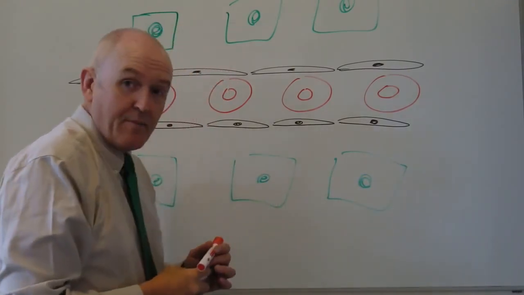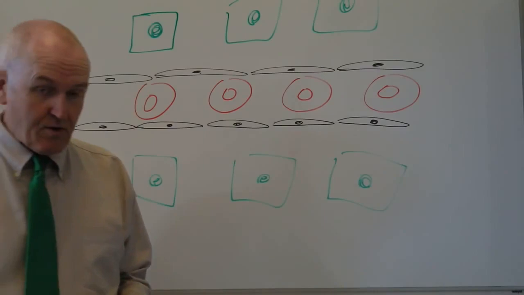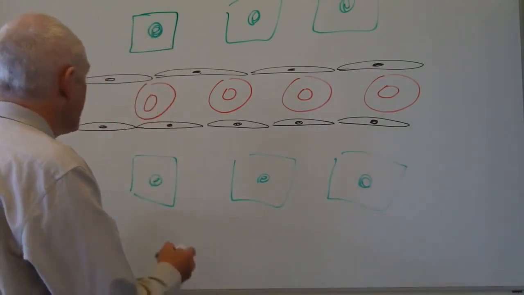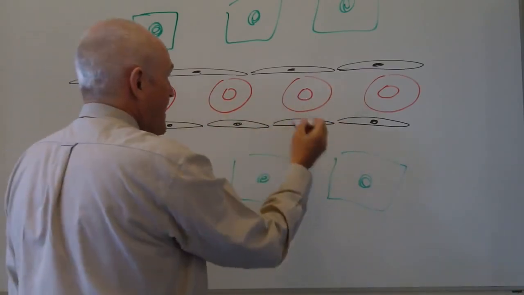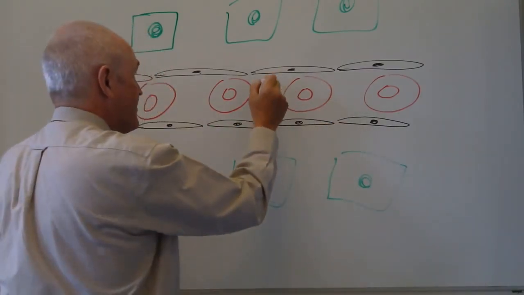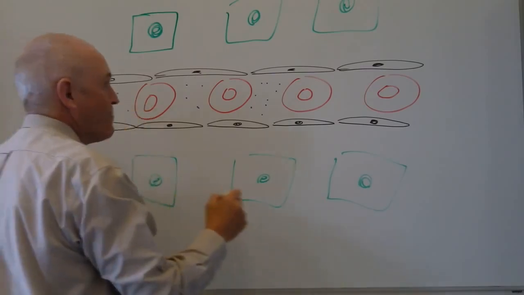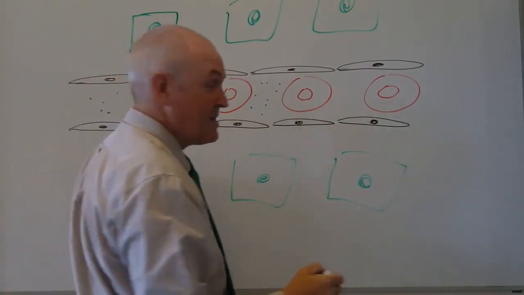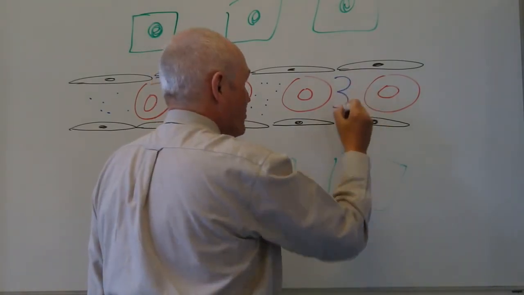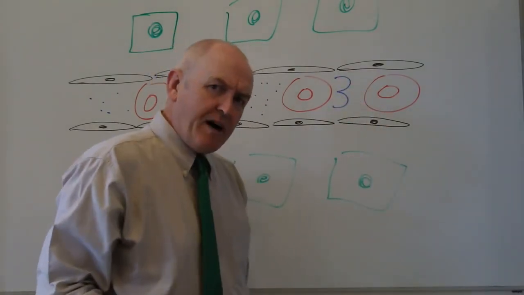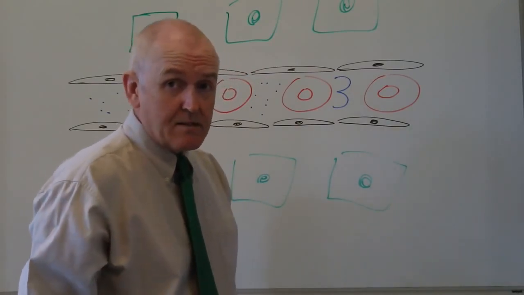Now, if we start thinking about the blood, we've already noted it's got red cells in it, but it's also got plasma. And the plasma consists of water molecules, of course. In fact, in the plasma, in this young man that we're talking about, there's going to be about 3 litres of water. Now, there's probably about 5 litres of blood altogether, but 2 litres of that is going to be the red cells.